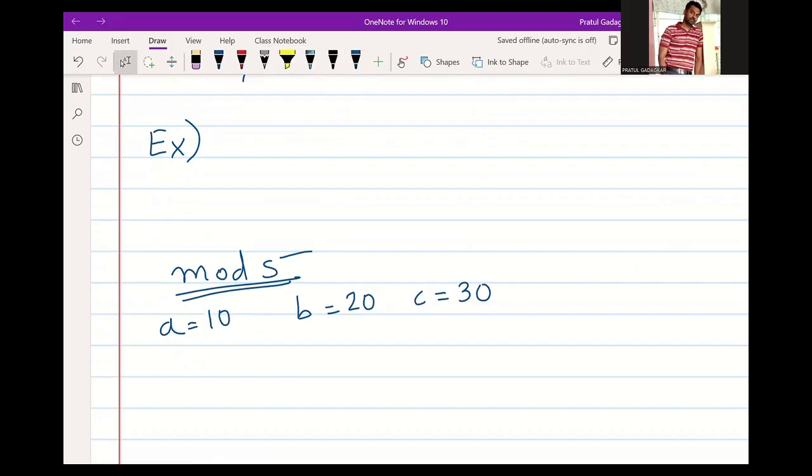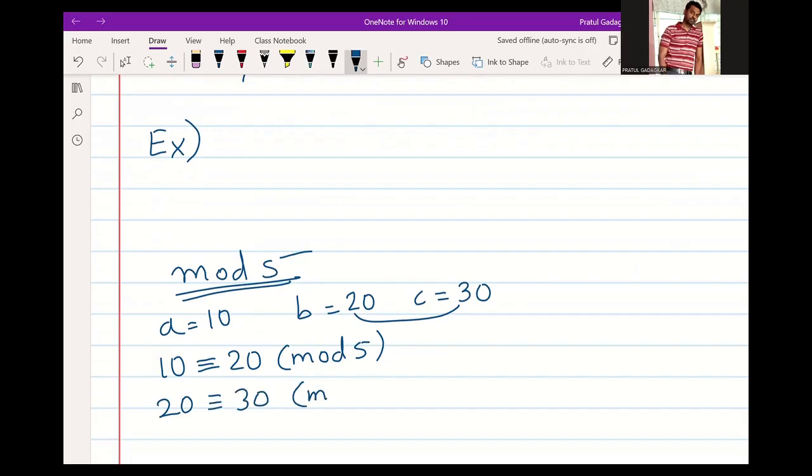Modulo 5, are 10 and 20 congruent to each other? If I take 20 and 30, is 20 congruent to 30 modulo 5? Let's ask ourselves this question. Is this correct?